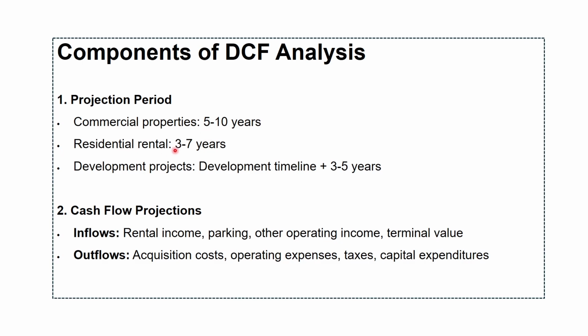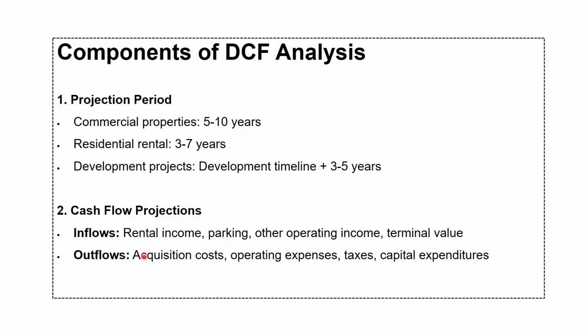Then for residential rentals, we take 3 to 7 years, and development timeline plus 3 to 5 years of stabilization for development projects which are undergoing development. So, that kind of period would be used for them. Then cash flow: the inflows will be rental income, parking, other operating income, and terminal values as part of inflows.